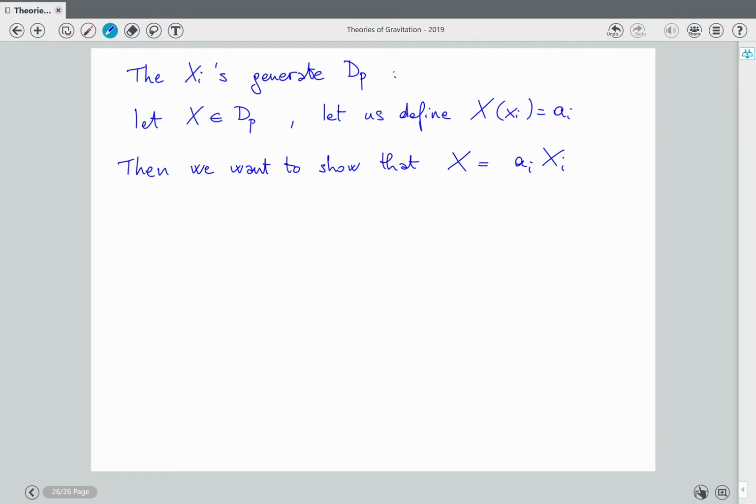And to prove that, we consider the difference and prove that it is zero. The difference Y, which is X minus this, is still a derivation, and we want to show that this derivation is identically zero.